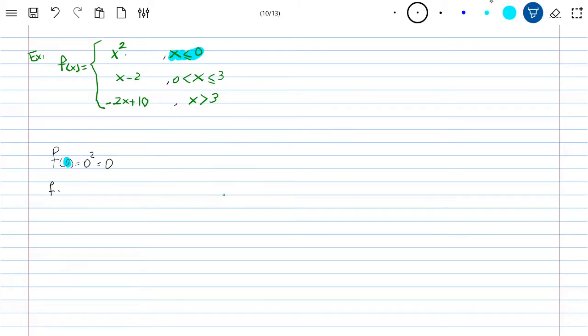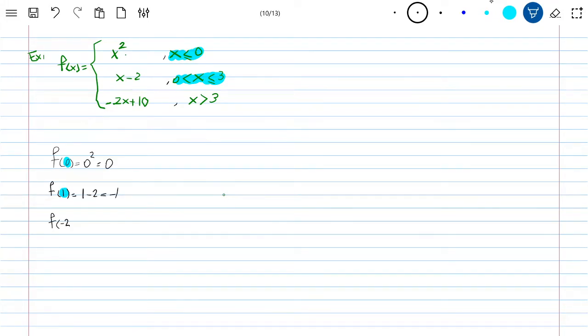How about f of 1? X is given as 1. This is your x input. 1 is not less than or equal to 0. No. 1 is between 0 and 3. Yes, it is. So I'm going to use the second equation and say, okay, I have 1 minus 2, which is negative 1.